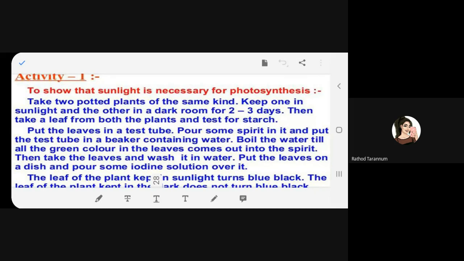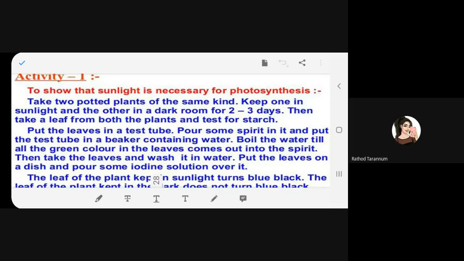Rajani, I think I have given you the chance once. Tarannum, start. Okay, the ones who have not got a chance, afterwards you can read. Let Tarannum continue. Yes, ma'am.